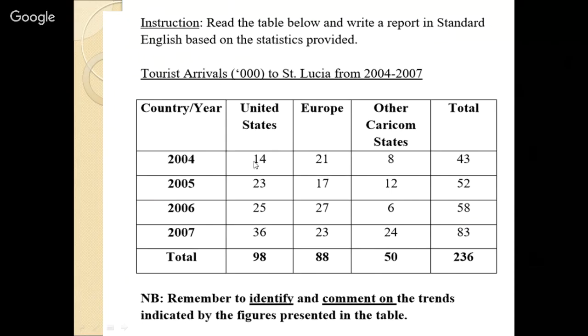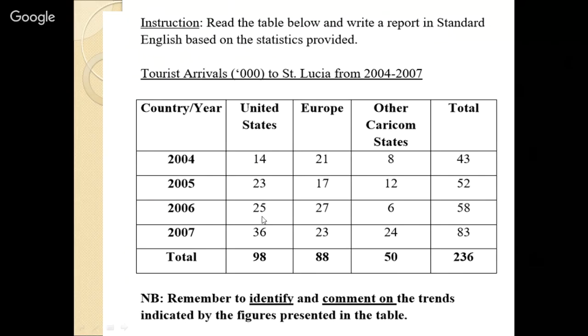So note, for those of you who say the trend is increase, you are correct. Because look at this, guys. The figures start in 2004 at 14. And in 2005, the figure went up to 23.